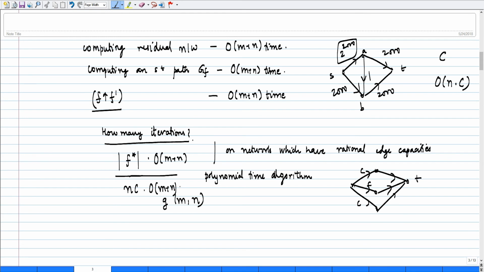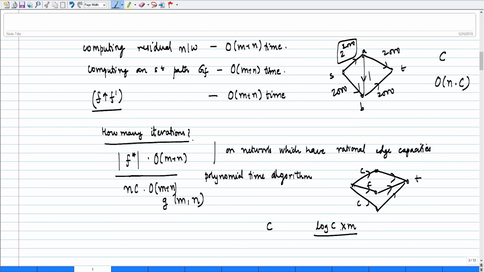So let's take a small step and ask, to represent one number c, how many bits do you require? Log c, right? So if you wanted to represent a number c, you require log c bits, right? And this log c into m is actually also coming up into the input size.